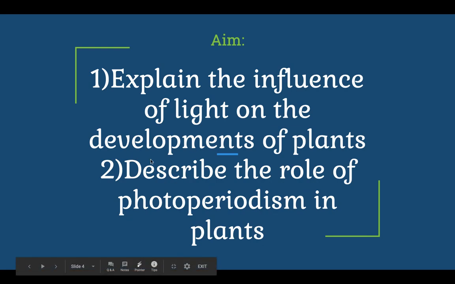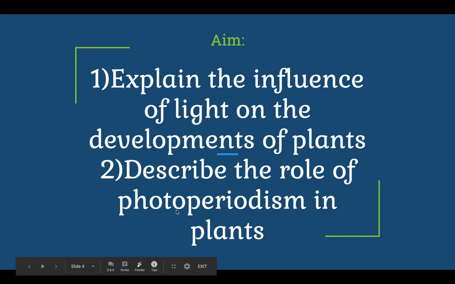And the second, describe the role of photoperiodism in plants. After knowing the first aim, why we need light, the second one will be easier. Describe how and why we need photoperiodism in plants, because the role of photoperiodism is very important.